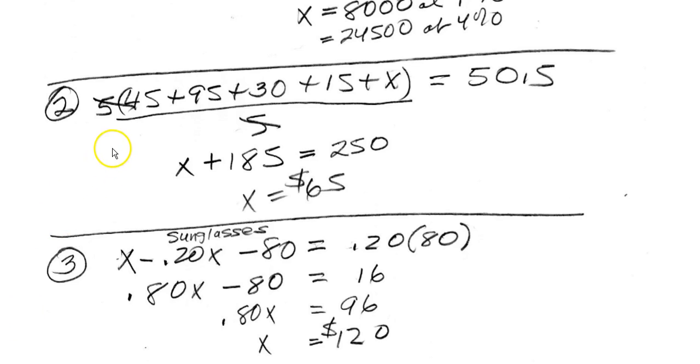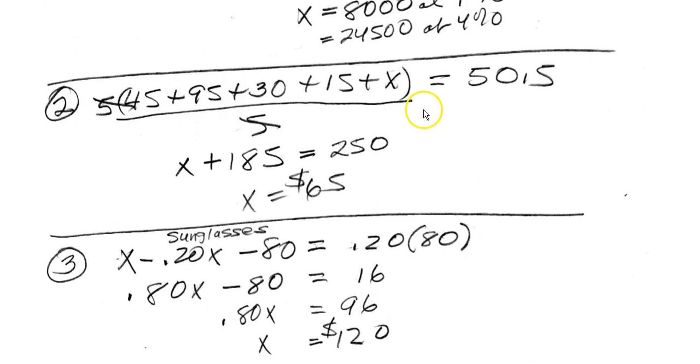Example 2 was someone had 4 scores, and what would they need on the 5th score to have a 50 average? So I included this as one term, found the average by dividing by 5, but then multiplied both sides by 5.